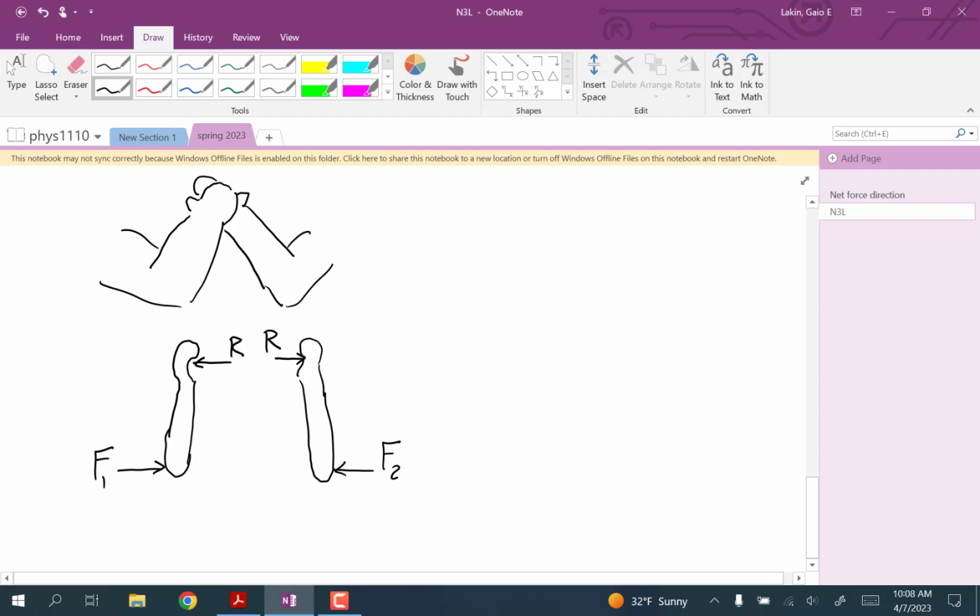But eventually you get to a point where the muscles in the arm of one of these two people are not strong enough to counteract that contact force. And when that happens, the person's arm accelerates backwards. And so it really isn't a story of which contact force is bigger. It's a story of whose muscles are capable of counteracting a bigger contact force.